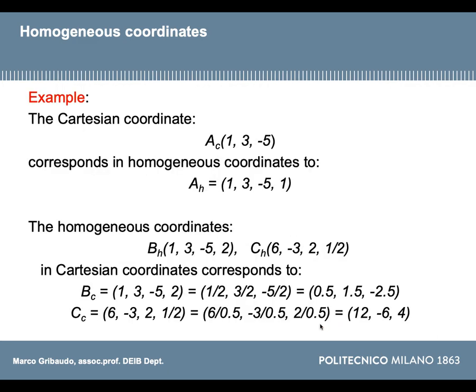Okay? As an example, should I have this Cartesian coordinate system A equal 1, 2, 3, minus 5?